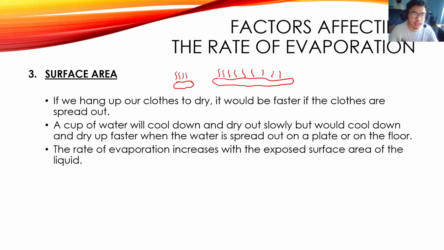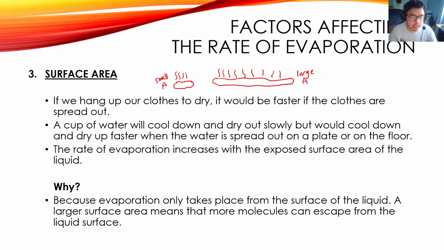So I've drawn here two examples of what this looks like. If you have the liquid with a small surface area, like this one here, it will evaporate slower. But if the liquid is spread out and has a large surface area, like in the second drawing here, the liquid will evaporate faster. Why is this so?